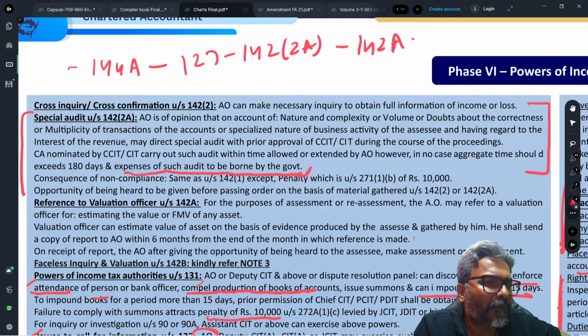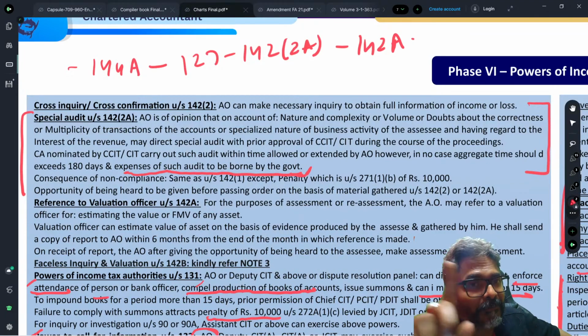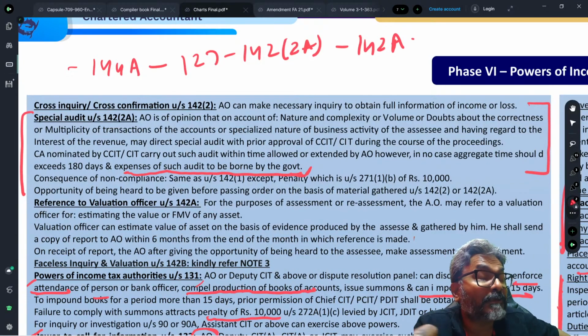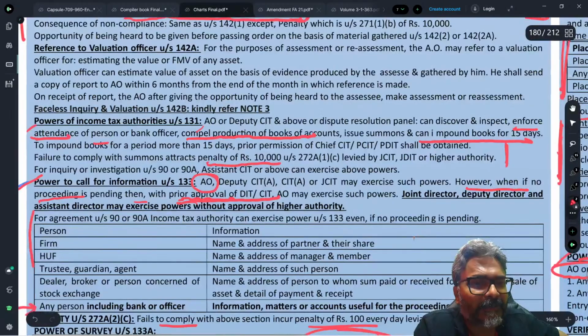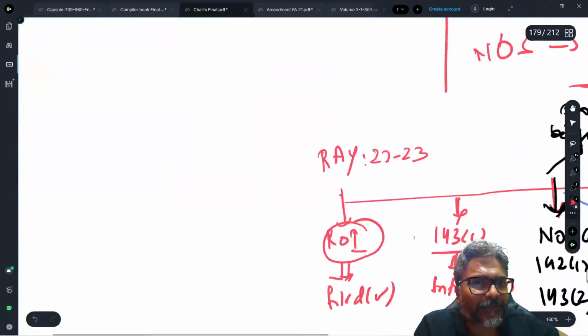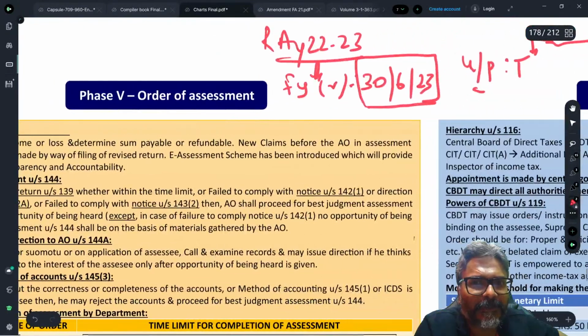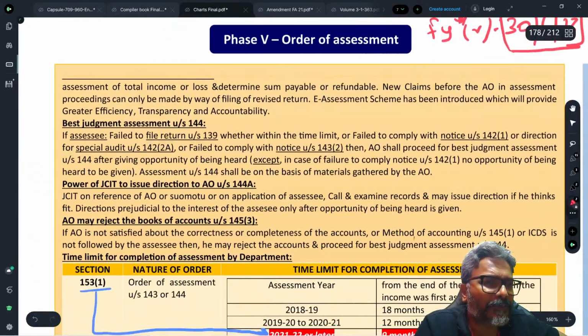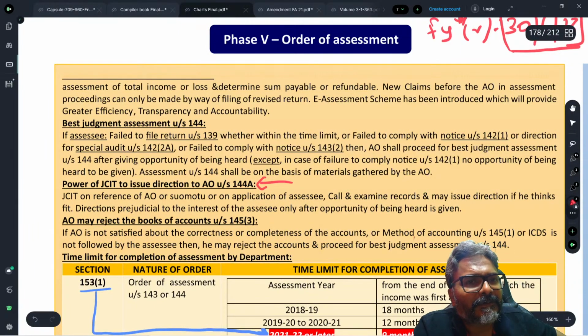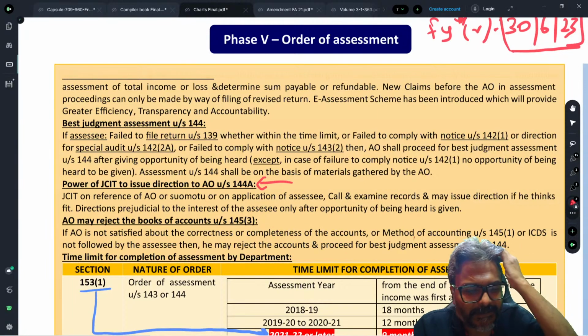He will tell him that, look, first exhaust all of your options. And what is the other option that needs to be exhausted? One of the most popular options, students, is 144A. Now, what is this 144A, students? I'll just let you know. 144A, which is there above in your previous chart, is that you can apply to the JCIT, the Joint Commissioner of Income Tax. The JCIT is the king here.